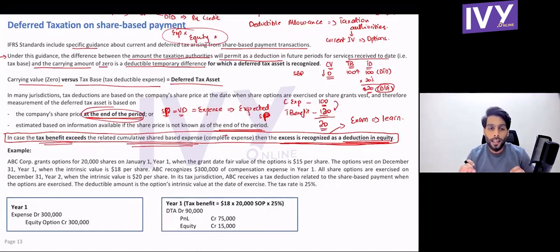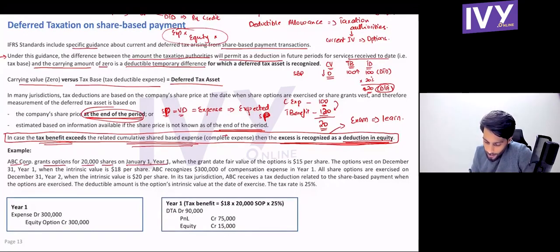Sir, we can only understand this very difficult concept if you give us an example. I am going to give you an example, but you need to focus here. This is a technical topic. So your examiner says, for example, ABC Corporation grants options for 20,000 shares on 1st January year 1.